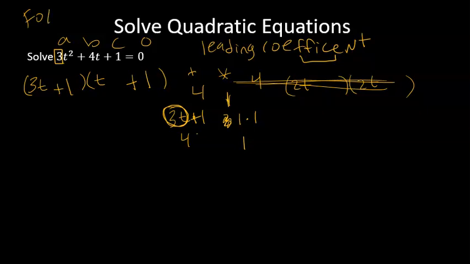You can also use the FOIL method, where you do first, inner, outer, last, and you kind of guess and see what's up, right? So let's try to test it real quick. First, the inner one is plus 1t. Outer is plus 3t, because we're doing 3t times 1.